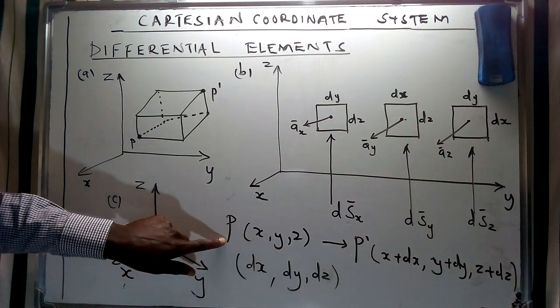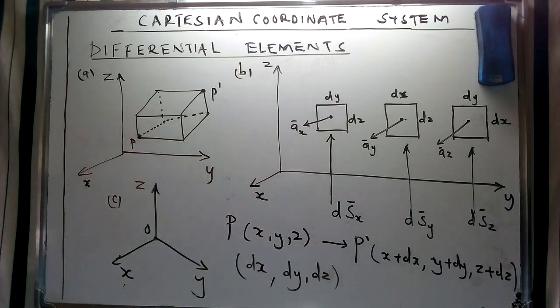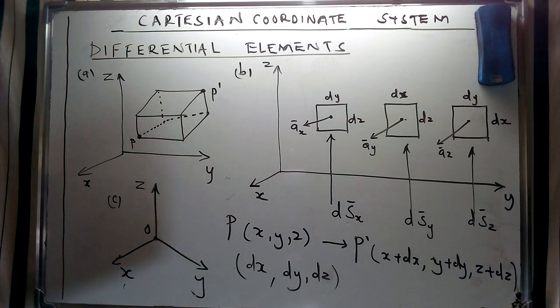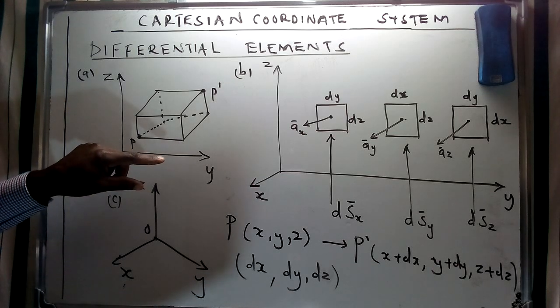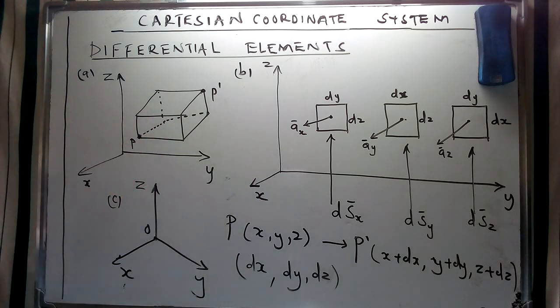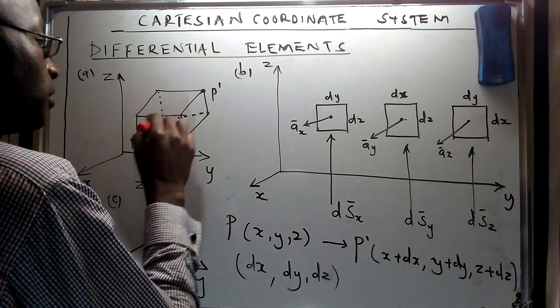Now the change from P to P prime is going to give us a vector, which we're going to see later, which is a differential vector that is going to be of a length extending from this point. I'm just going to give that one using a different illustration. So this is going to extend from that point P to this one that is here.